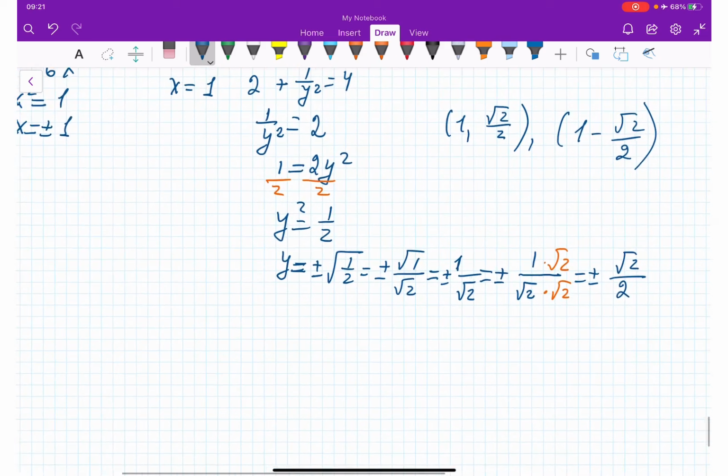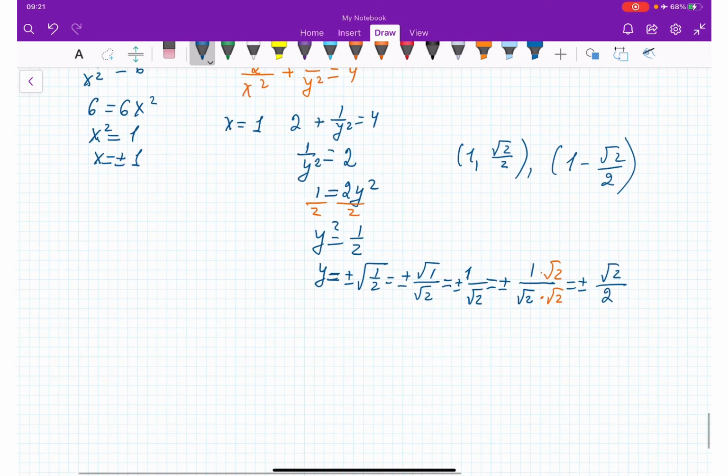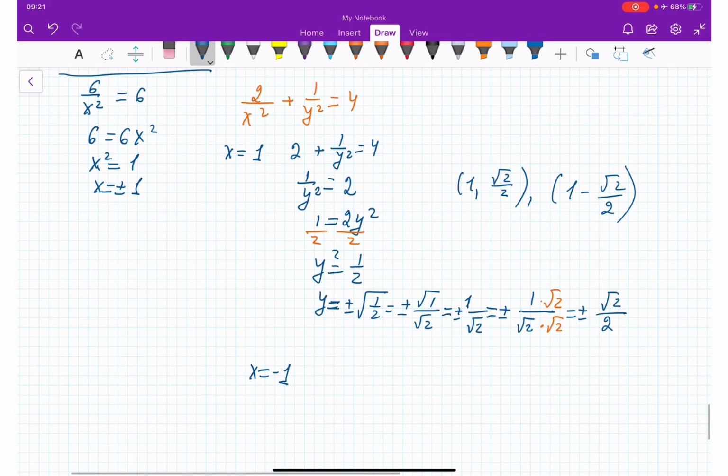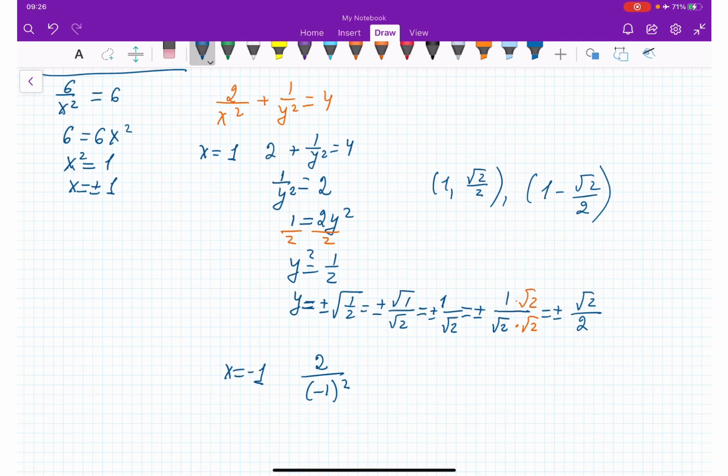Next one, x is equal negative 1. So negative 1, it's going to be 2 over negative 1 squared plus 1 over y squared equal 4.